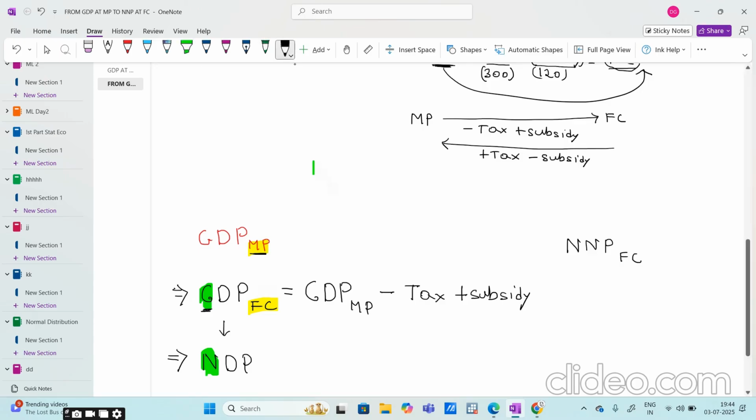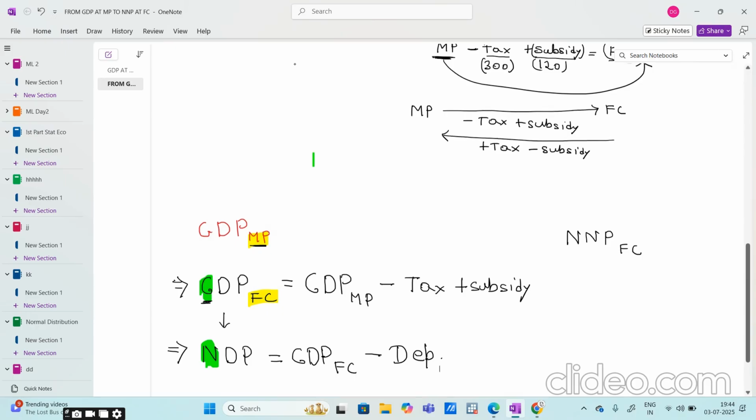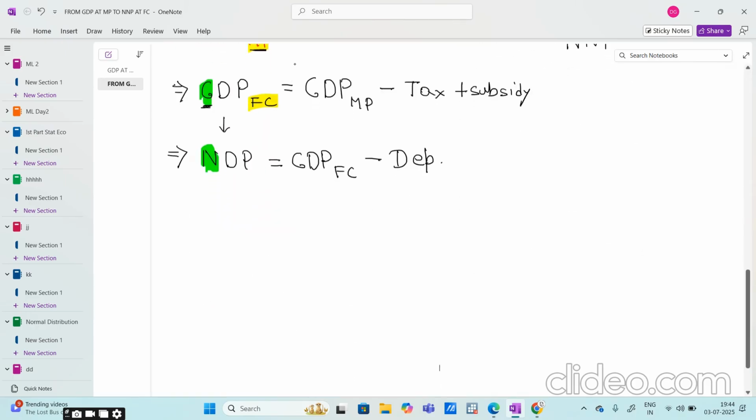So for turning gross to net, what should we do? We already have discussed that for turning gross into net, we have to subtract depreciation. So we have subtracted the depreciation part. Now from gross domestic product, we have reached net domestic product at factor cost.